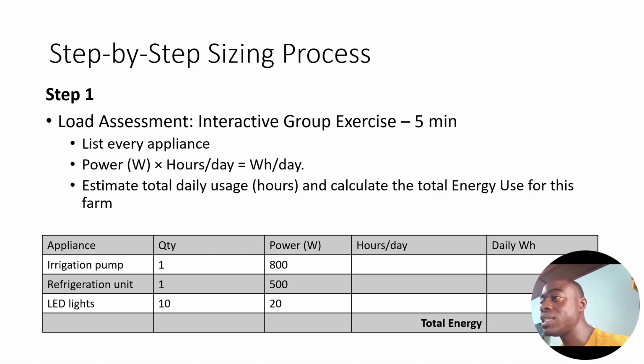Assume it's your farm and estimate how many hours a day the pump will be running, how many hours a day the refrigerator will be running, and how many hours combined 10 bulbs will be on. Based on that, multiply the power by the hours to get the watt hours per day, and then we'll total that to get our total energy. That is what we'll use to get the sizing for the system.